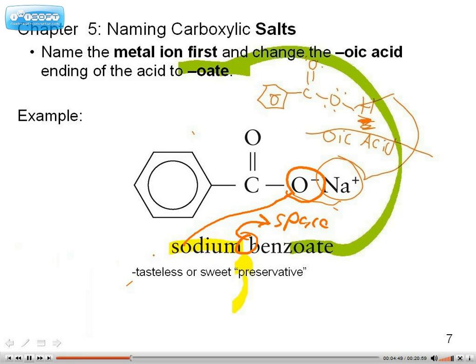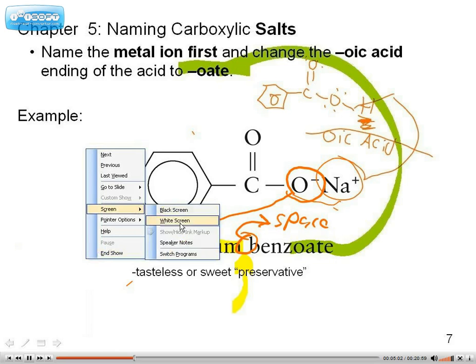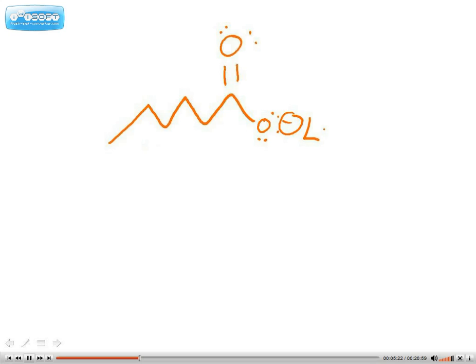So let's go ahead and practice this really quick. Here I have my negative charge ion. Here I have a positively charged metal.